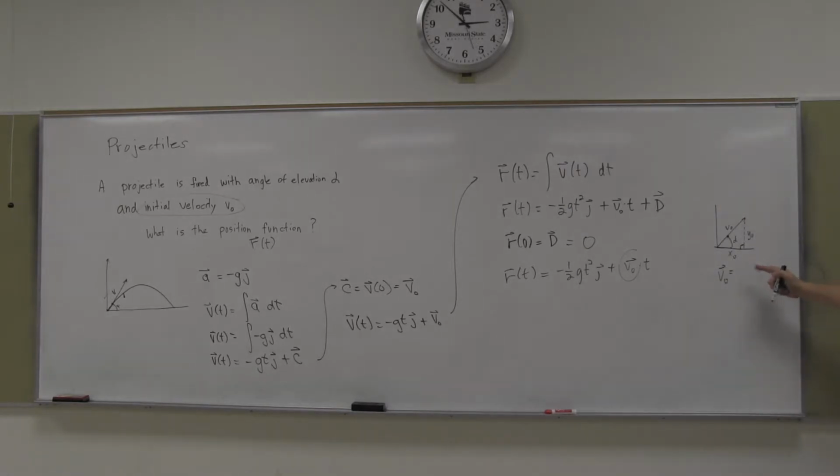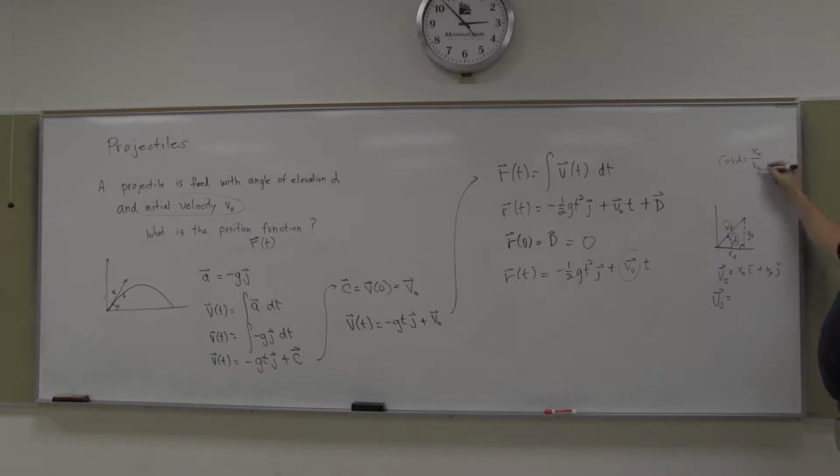Anyway, so it's x0 i plus y0 j, but that still doesn't really help us. If I get it, though, in terms of what's given, how could I write x0 in terms of the v0 and alpha? Well, cosine of alpha would be x0 over v0.